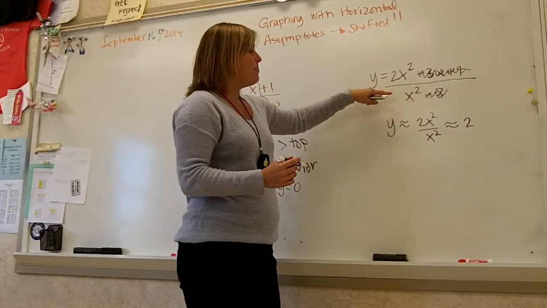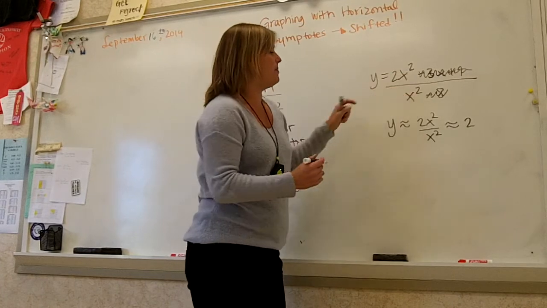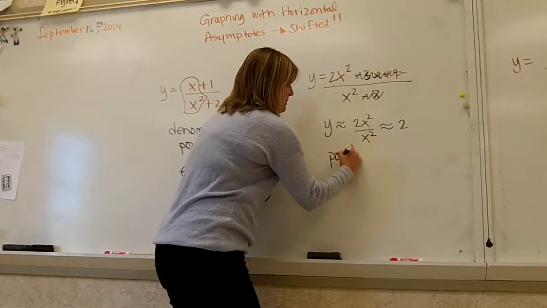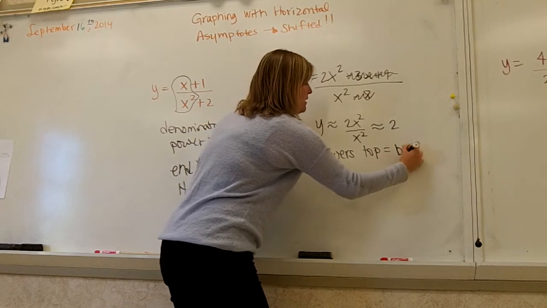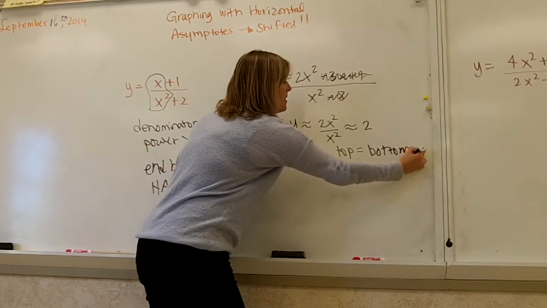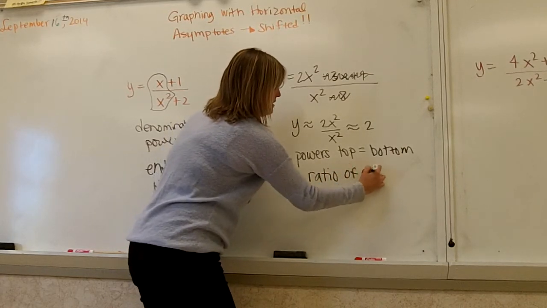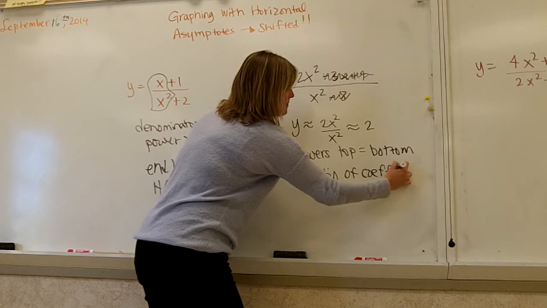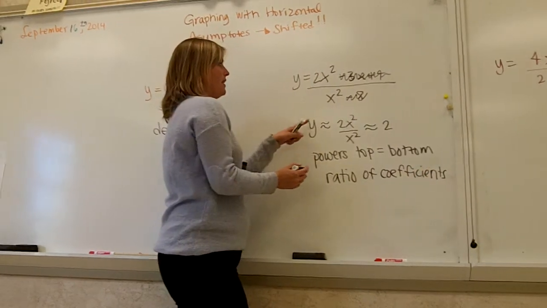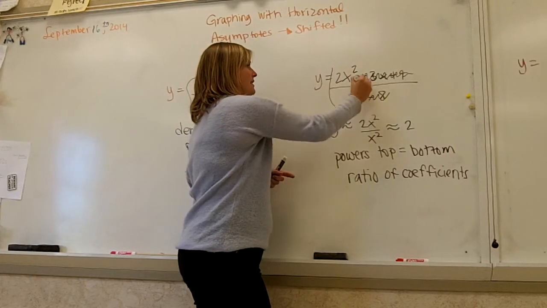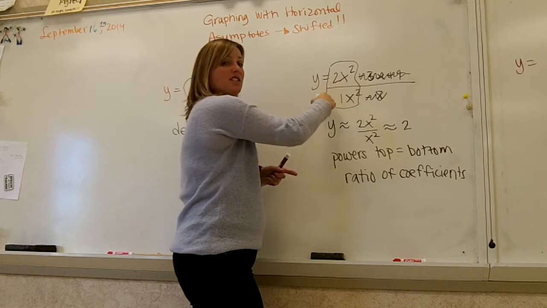So the easiest way to think about it is: when the powers on the top and bottom are equal, all you have to do is take a ratio of the coefficients for your horizontal asymptote. Here, I just look at this and say, 2 to 1, so my horizontal asymptote is at 2.